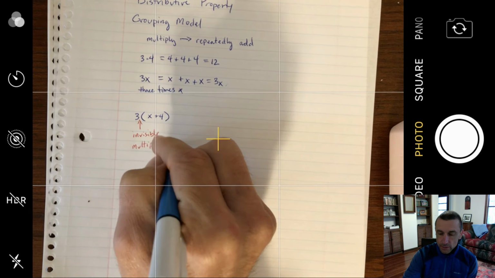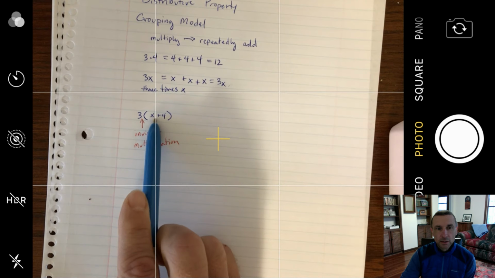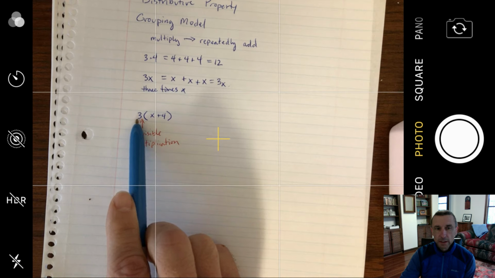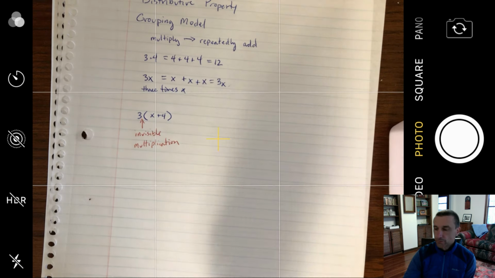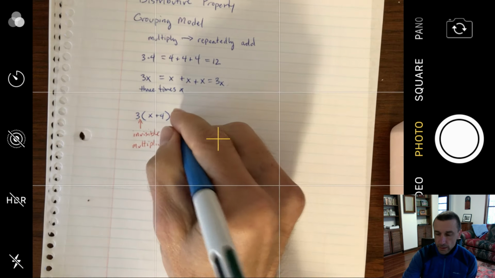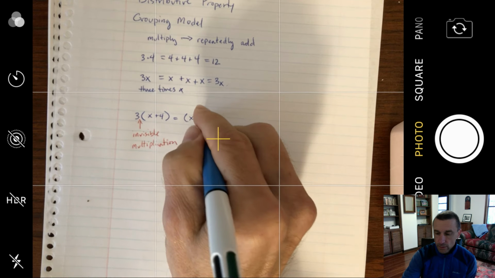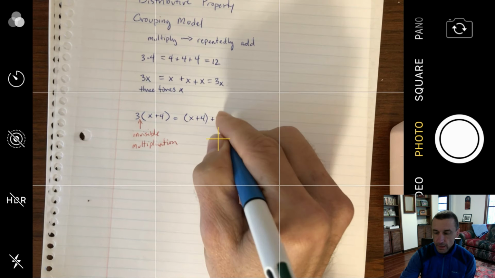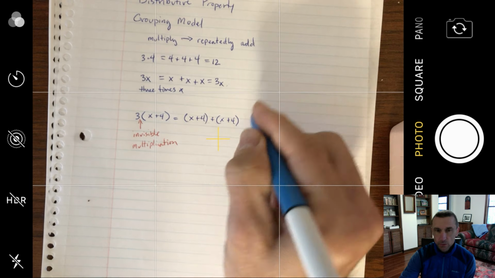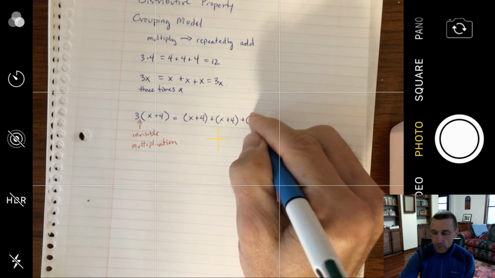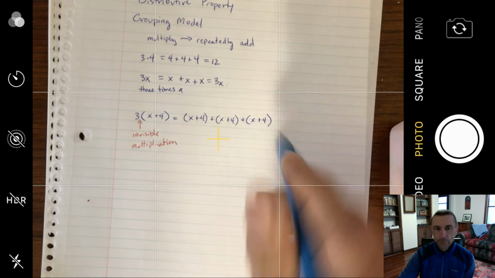So again, this says to me, take this group of x plus 4, repeat it 3 times, and add those groups. So if I write that out, I have one group of x plus 4, I add a second group of x plus 4, and then I add a third group of x plus 4.